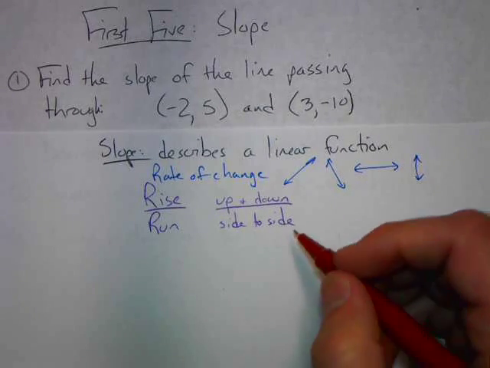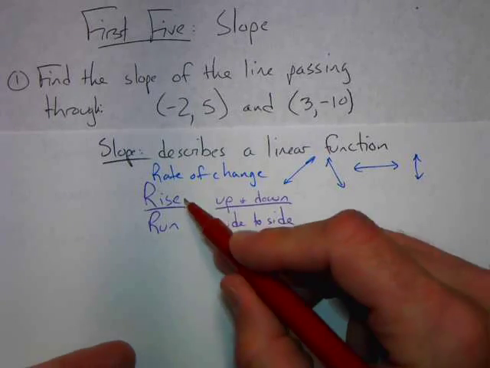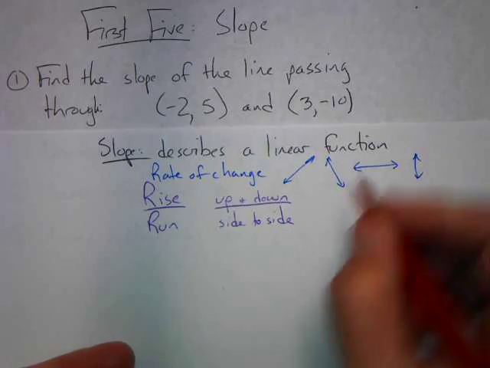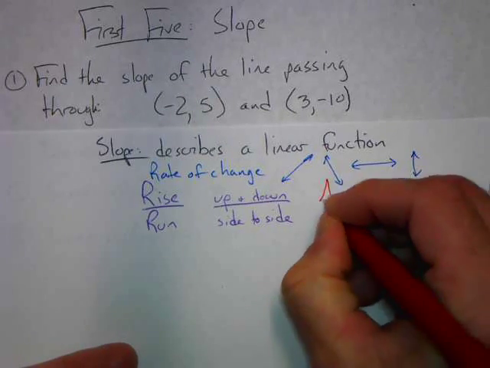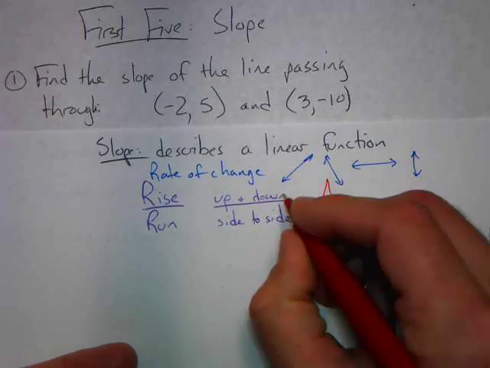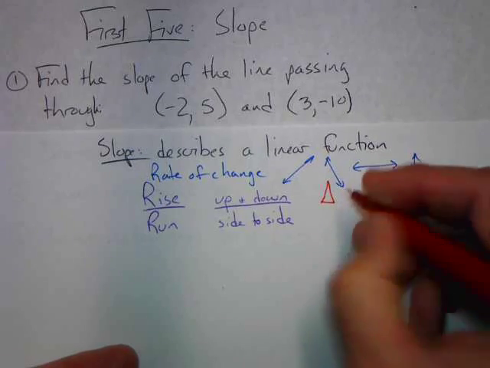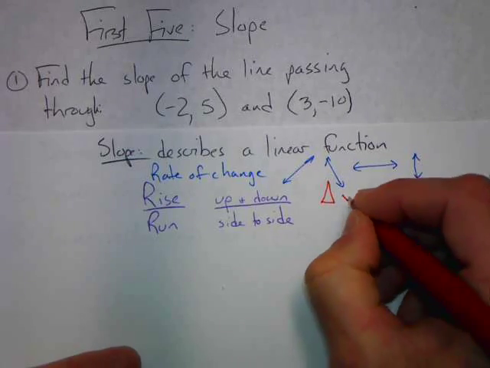When we talk about rate of change, though, we can figure out slope. There's another definition, a formula that I like to use just based off of, again, rise over run. Knowing what rate of change means, in mathematics we use the Greek letter delta to symbolize change. So delta means change. And when we talk about rise and the up and down, the axis that goes this way on the coordinate plane is the y-axis.